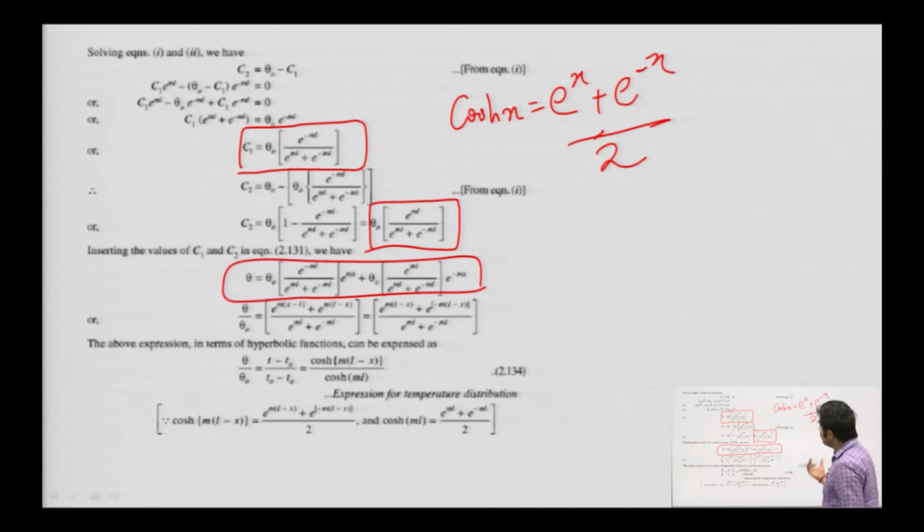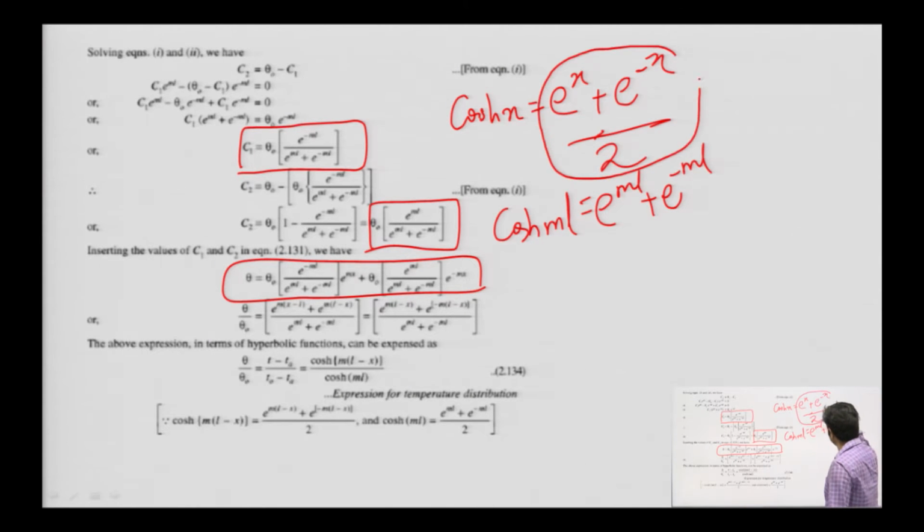So suppose if we put it like cosh ml, then it would be e to the power ml plus e to the power minus ml, I am just putting into this format, by 2.